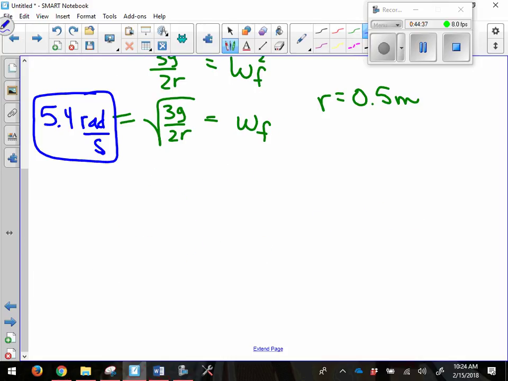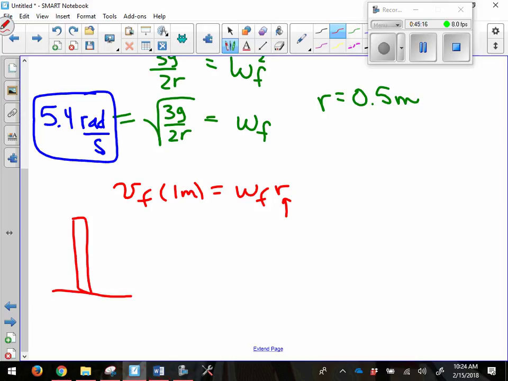So if instead of finding omega final, I wanted to know what the velocity was at the tip at 1 meter, how would I find that? V is equal to omega final times R. Except this is a different R, because if I want to find my V final for the tip, then my R becomes 1 meter.